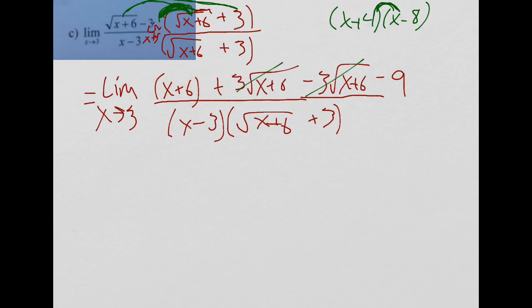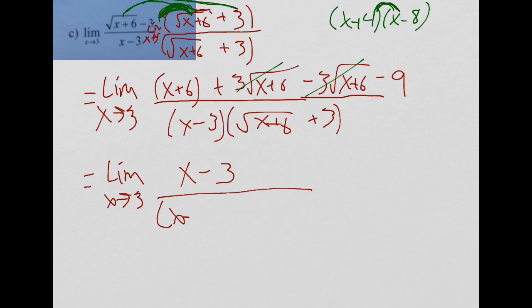So watch what happens as I simplify this. I get limit as x approaches 3, and remember, this is my problem. I want to get rid of that if I can. So I've got x plus 6 minus 9. Well, that gives me x, and then the 6 minus the 9, well, that gives me minus 3, over x minus 3 times square root of x plus 6 plus 3, like that.